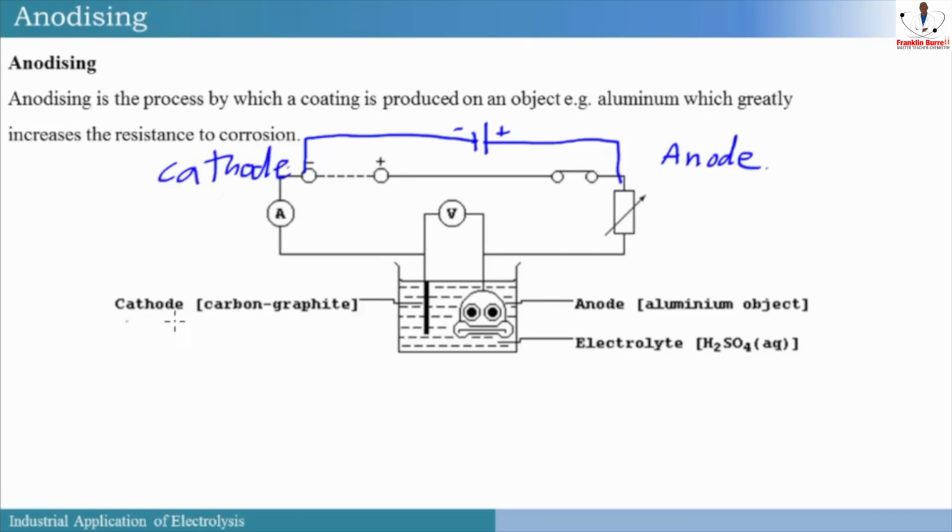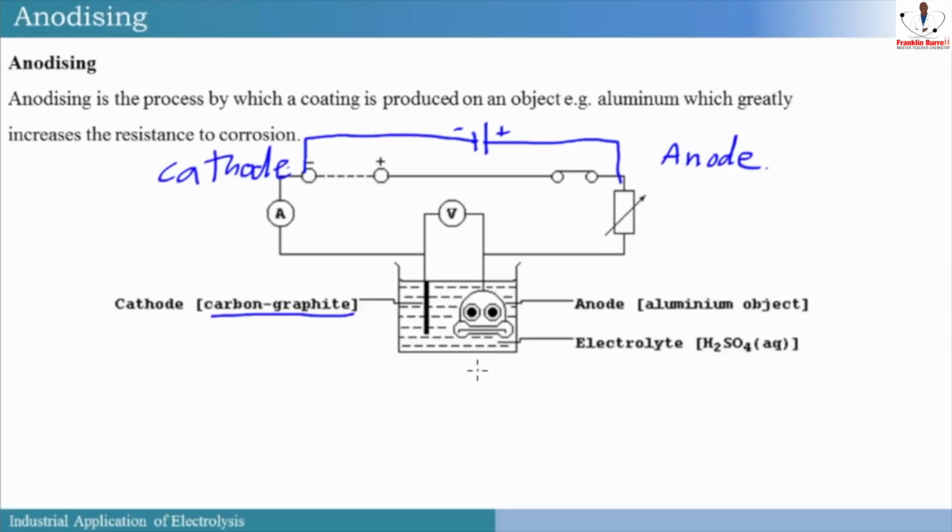Notice that the cathode is inert: carbon, graphite, platinum, inert cathode. The object being coated with oxygen is placed at the anode. Now why?